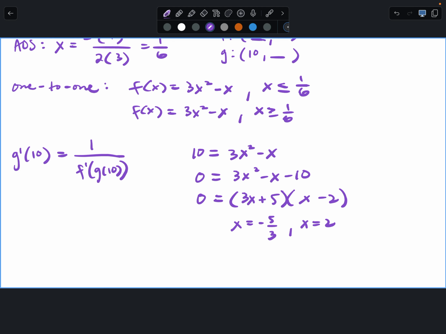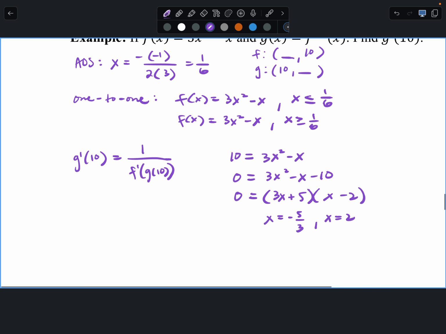So x equals -5/3 lies on the interval where x is less than or equal to 1/6. So we could say, for f when x is less than or equal to 1/6, when we find g prime of 10, it would be 1 over f prime of -5/3.